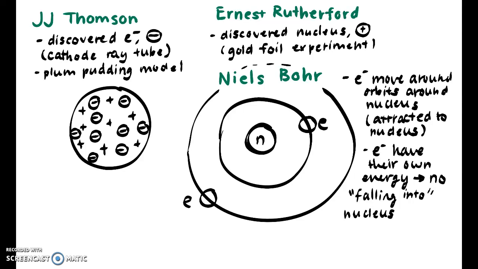Because he realized that if electrons didn't have their own energy or some other way to keep moving around, then they would simply be so attracted to the nucleus that they would go into the nucleus, and then you wouldn't have any electrons there. And so one way to think about this is like planets around the sun. The electrons can only move in their orbits and can't switch around or anything else.